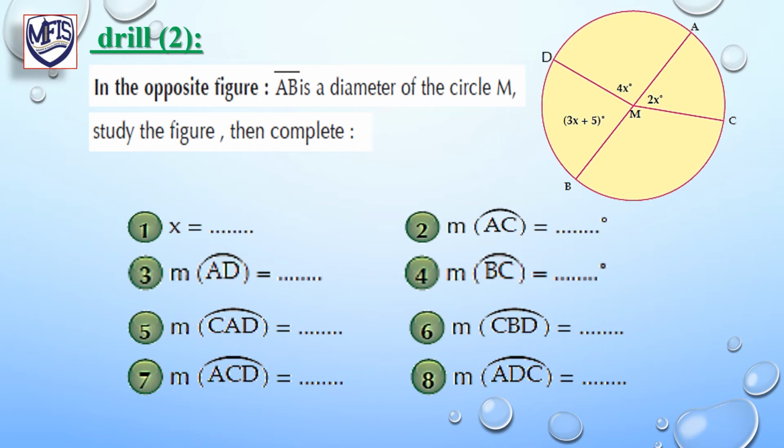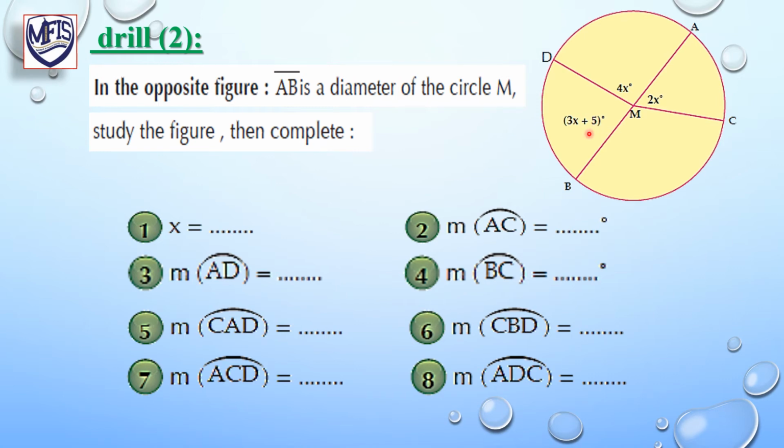If we look at the figure, we'll find central angles with measure angle AMC equal to x, measure angle AMD equals 4x, and measure angle GMB equals 3x plus 5. And he asked me to find the value of x to find the measure of each angle.